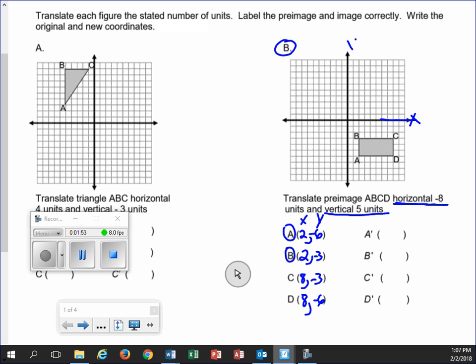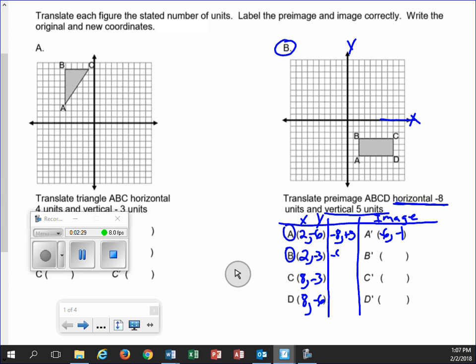So this is the axis up here. If we want to go -8 across the x-axis, we'll put our t-chart up here. So that's the pre-image over here, and then this is the image. What we'll do is subtract 8 from every x, and add 5 to every y. So 2 minus 8 gives us -6, and -1.